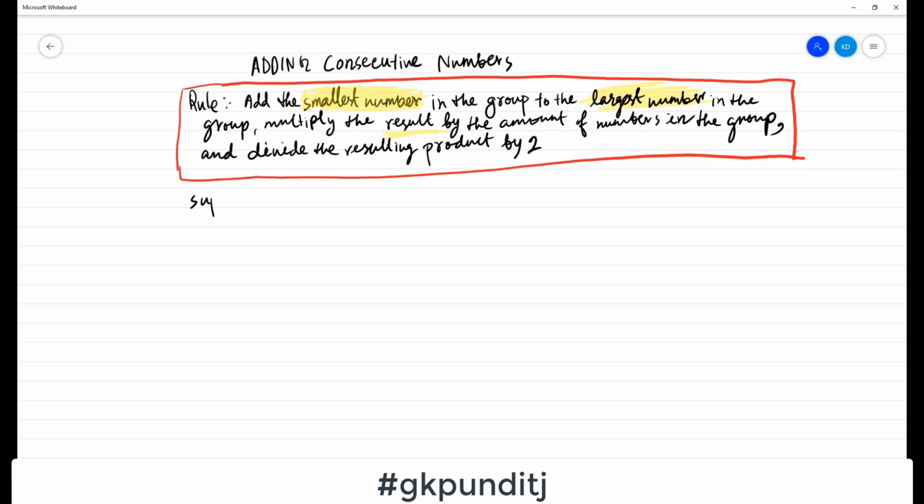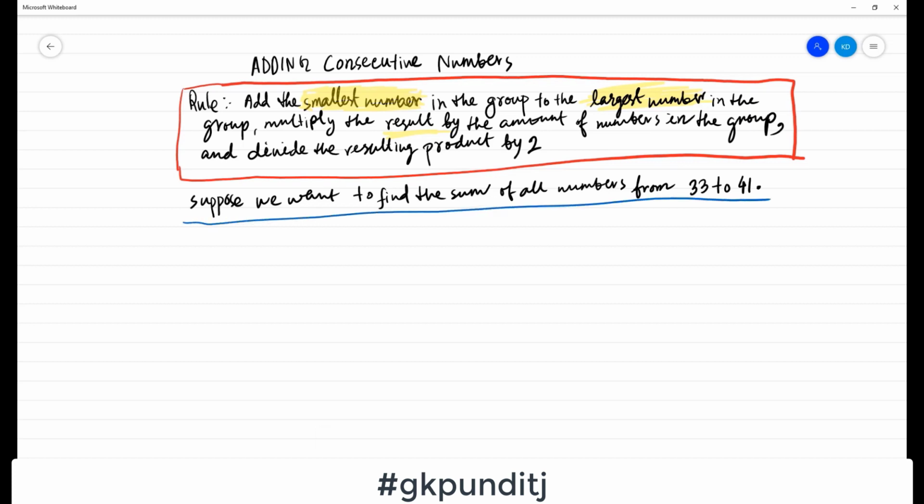It will definitely be very helpful. So now take an example. Suppose we want to find the sum of all numbers from 33 to 41.